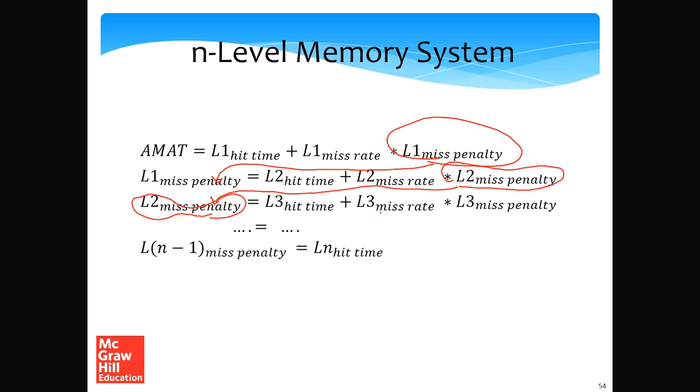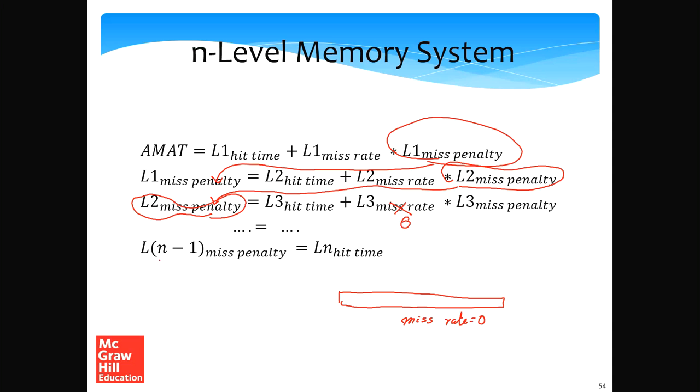So if we have n levels in the memory hierarchy, n levels of caches, then for the second last level, the Ln-1 miss penalty will be the Ln hit time, because we're assuming that the last level of the memory hierarchy contains all the lines and as a result its miss rate is 0. This is the main memory that we have been talking about. So this miss rate quantity over here becomes 0.